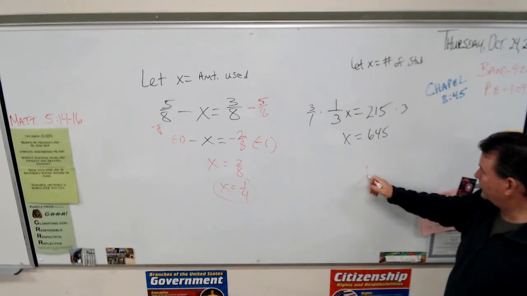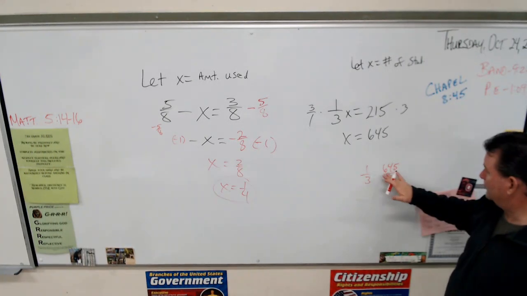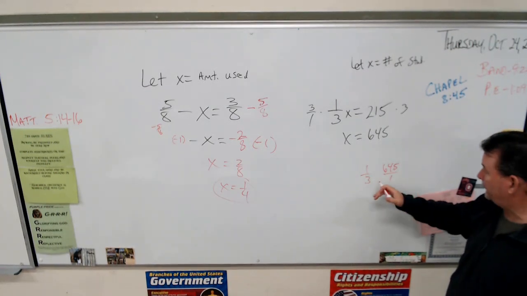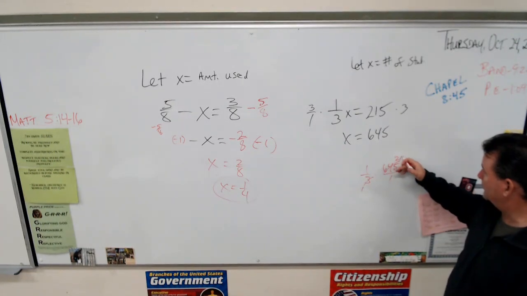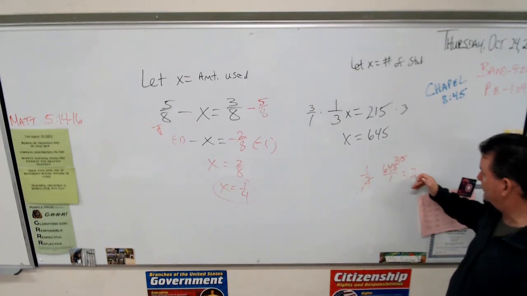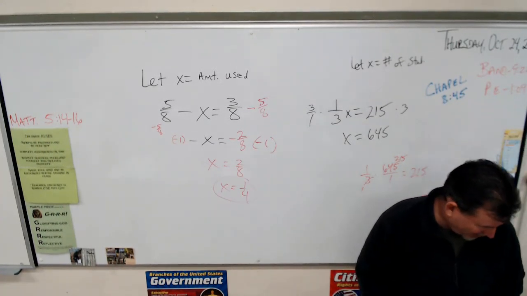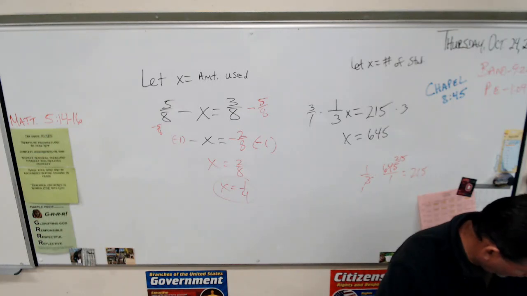Yeah. 1/3 of 645. Cross cancel. 6 plus 4 plus 5 is 15. 3 goes into 15. So 3 goes into 3 once. 3 goes into that. 215 times. All right?